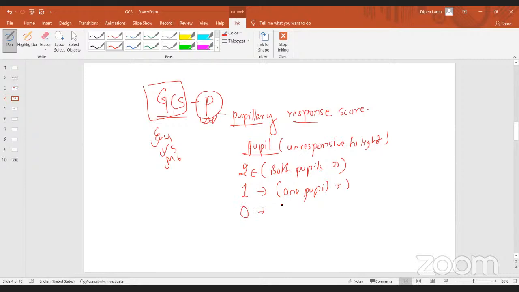If neither pupil is unresponsive to light, that is 0, which means normal response. Both pupils are responsive to light.